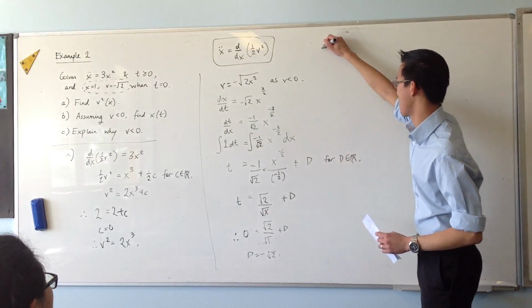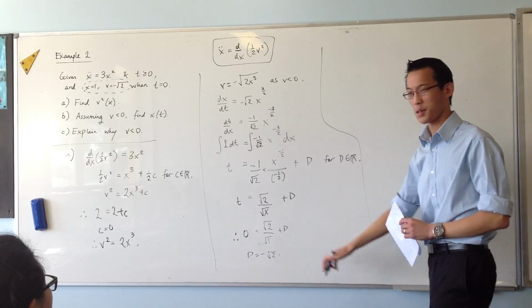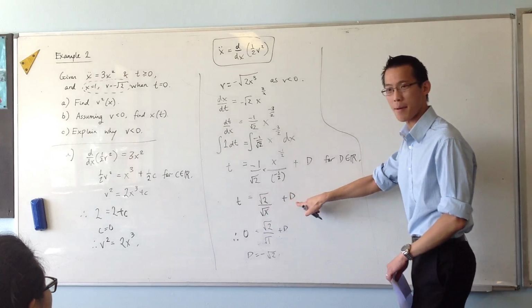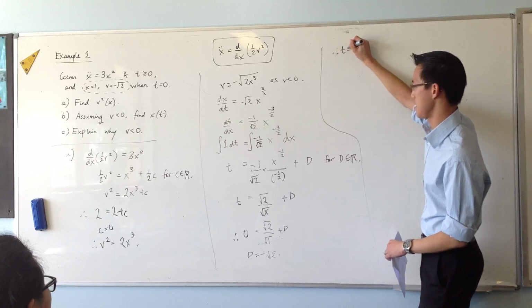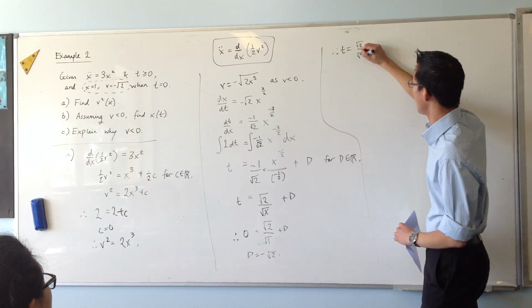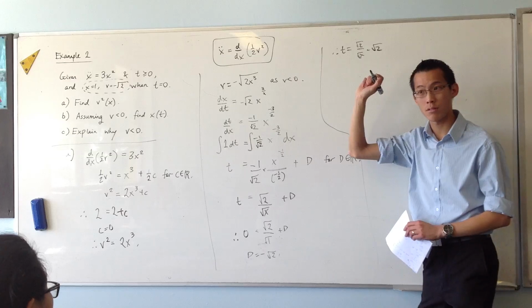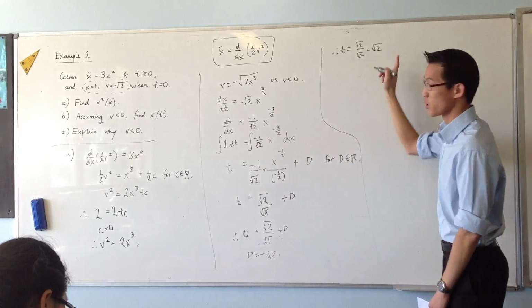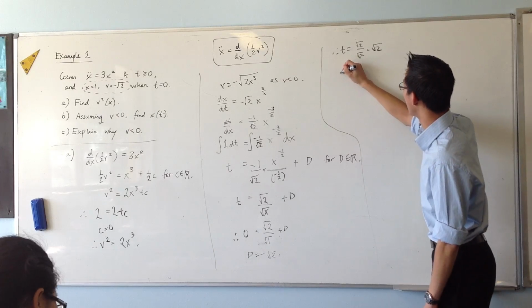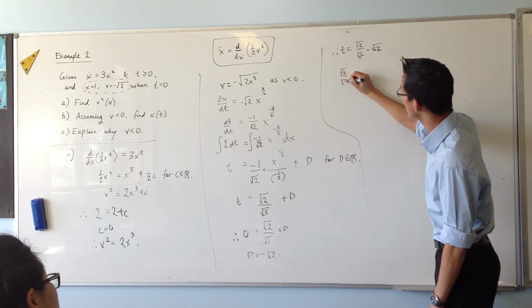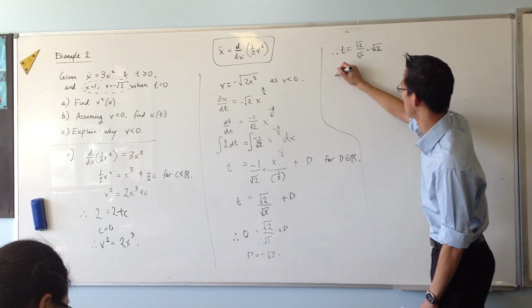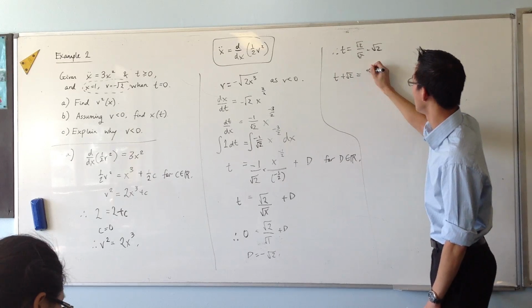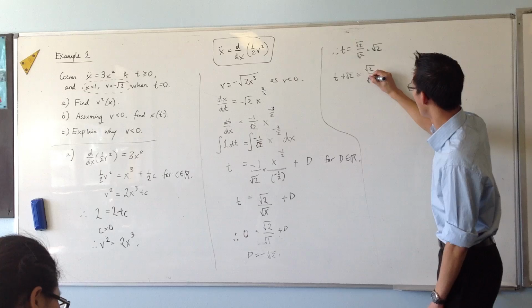Okay, this thing is dying rapidly. Let's try and finish off. So if d is negative root 2, I'll bring that back here. Time is root 2 on root x minus root 2. So now I just have to do the little work to get x on its own, right? So kick the root 2 over. I'm going to get this. Actually, I should have just left it where it was. T plus root 2 equals that.